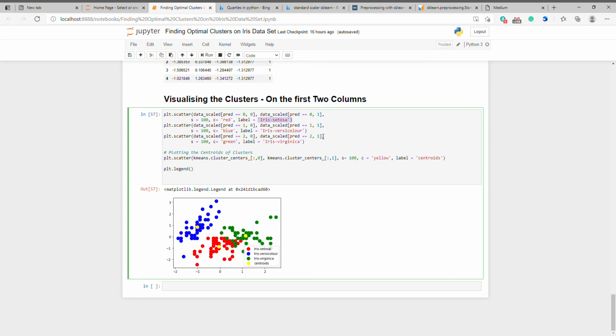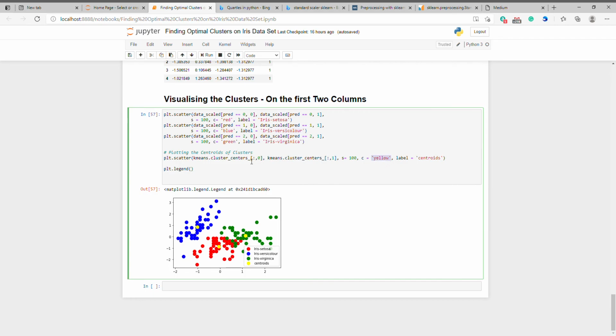Similarly, Iris versicolor flowers are displayed in blue color, and Iris virginica flowers are displayed in green color. And now I am plotting the centroids of each cluster, which are depicted in yellow color.